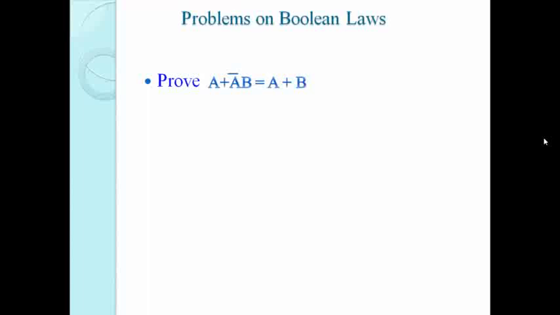Now we take the left hand side, A plus A bar B. So A into (1 plus B). Now 1 plus B is 1. So this is your 1 into A. So A plus A bar B.